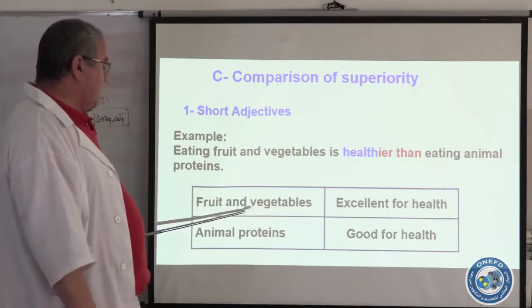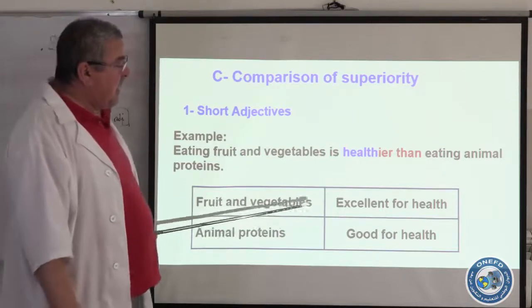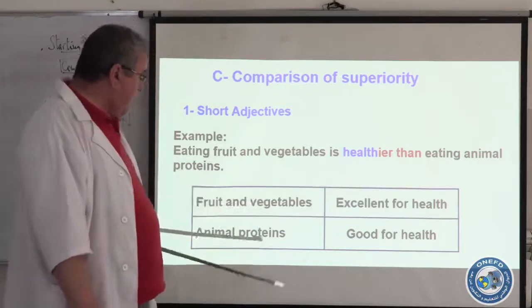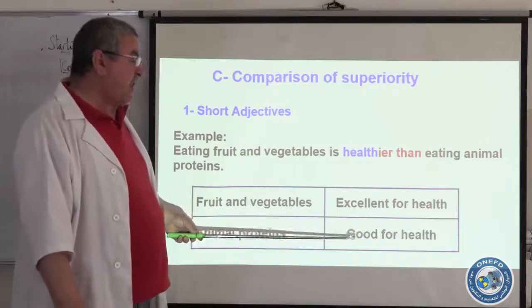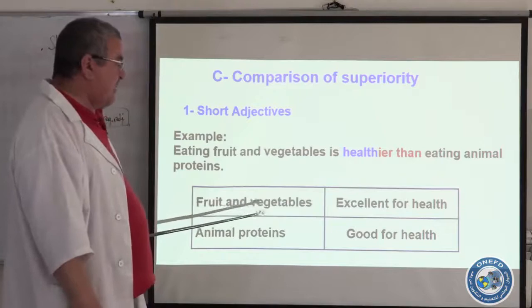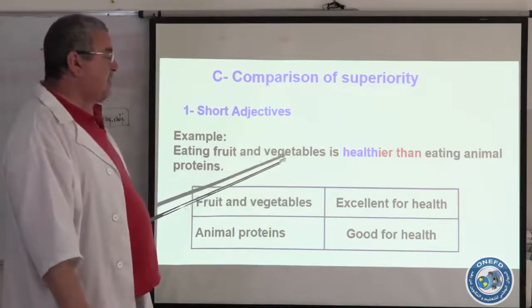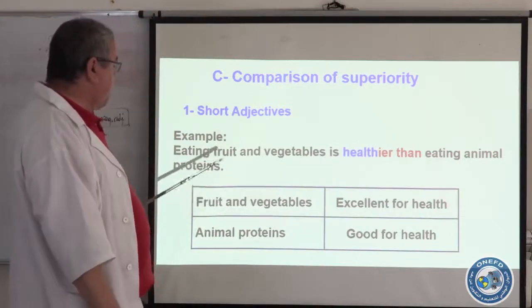Because doctors always say that fruit and vegetables are excellent for our health. Animal proteins are good for health, but not as good as fruit and vegetables. So this is why we say eating fruit and vegetables is healthier than eating animal proteins.